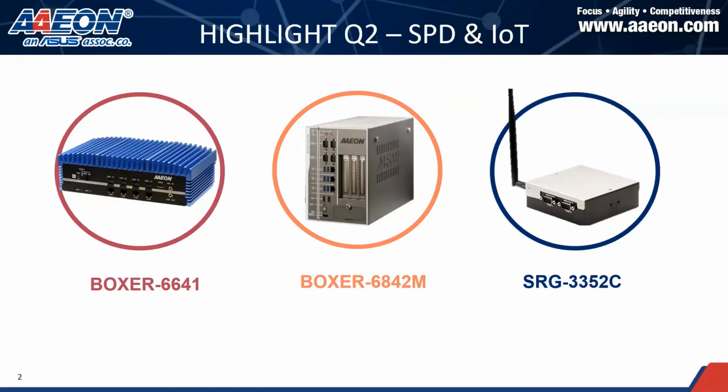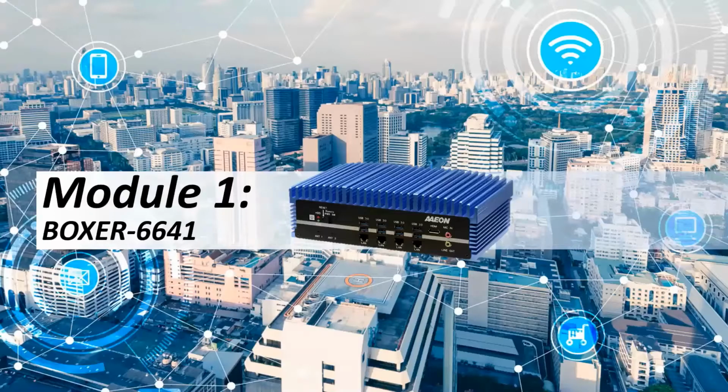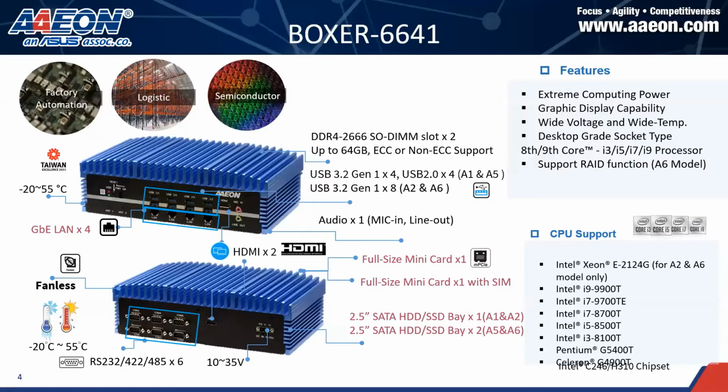I'm going to start with the Boxer 6641. It supports 8th or 9th generation CPUs. It provides extreme computing power and really great graphic display capability, and also wide voltage and wide temperature support.